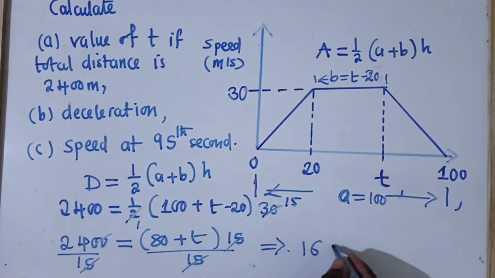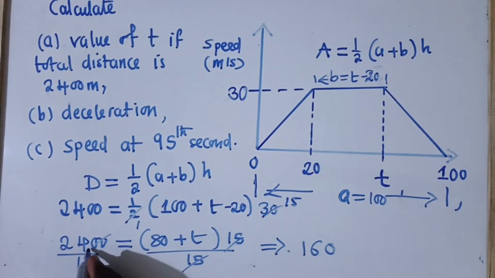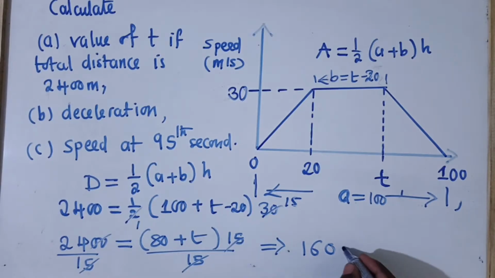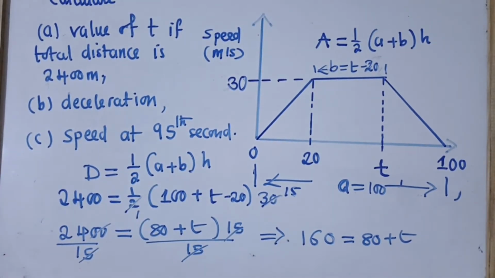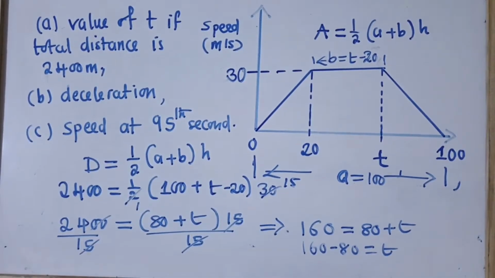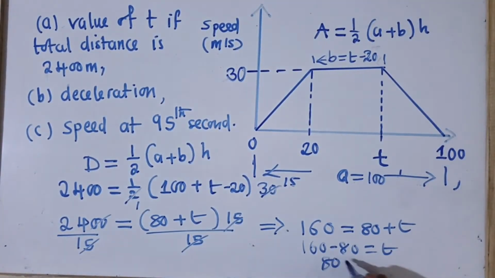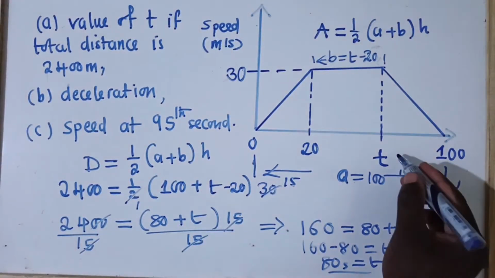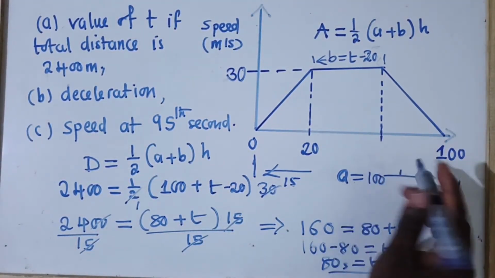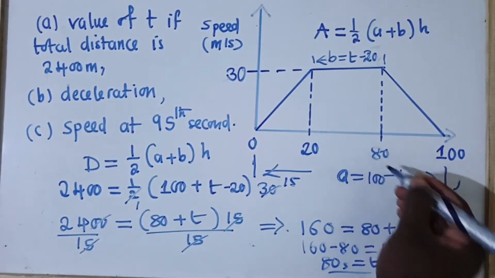It's 160, because when we say 15 in 2400, it's 160, which is equal to 80 plus a t. So to solve for t, we group the like terms. This will simply be equal to 160 minus 80 is equal to t. So the value of t will come out to be equal to 80 seconds. So here it's 80 seconds. We can even write that t here, it's 80 seconds.